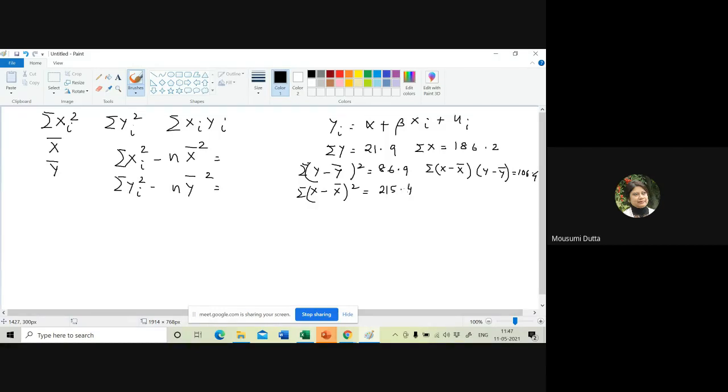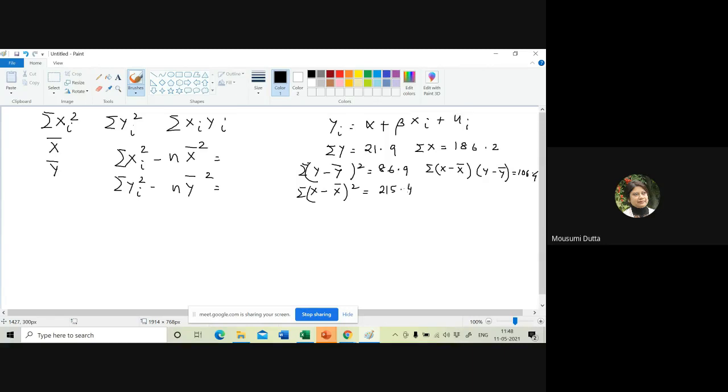Third, comment on the goodness of fit of the model. Okay, so suppose these 3 questions are there. I'm not adding any question on hypothesis testing at this moment.